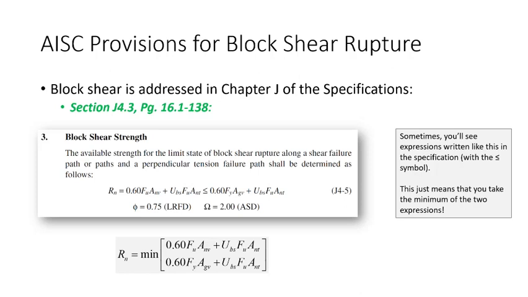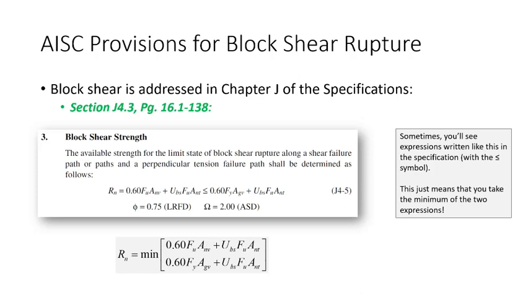I want everybody to turn to this because I want you to see this section in the spec. And I always like making sure that as we're talking about stuff in the specification, you have a little bit of an understanding of the anatomy of the specification. So Chapter J is the chapter on connections, okay?